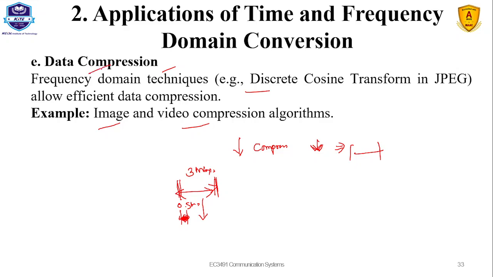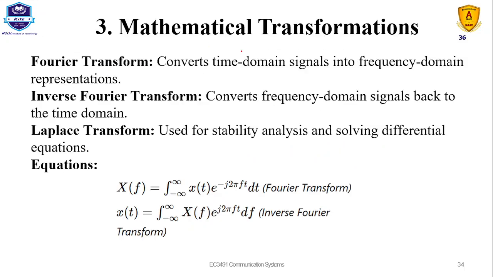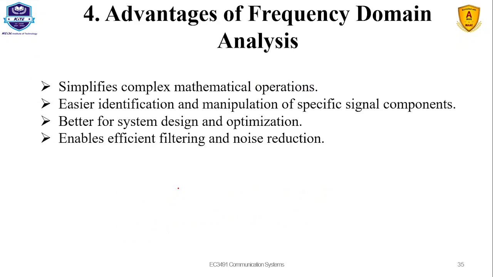That is called data compression. That is also where we can go for time and frequency domain conversion. Mathematical transformations we have already seen in terms of x of t with respect to x of f. Hope you recall these equations with respect to x of t and x of f.